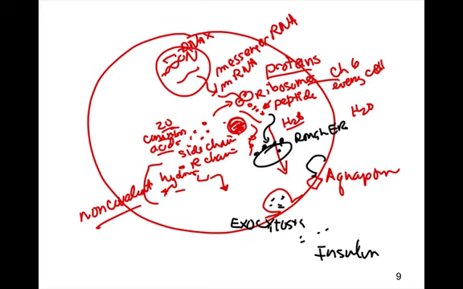The synthesis is completed in the rough ER either by releasing the protein like insulin into the lumen, the water liquid content inside this membrane-bound organelle, or the protein will be in the membrane.